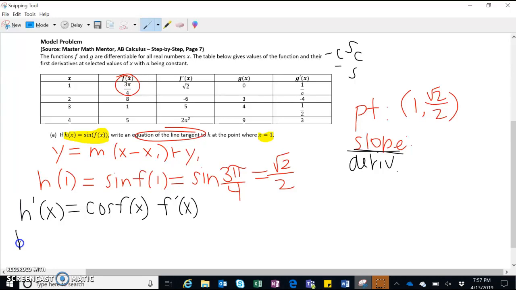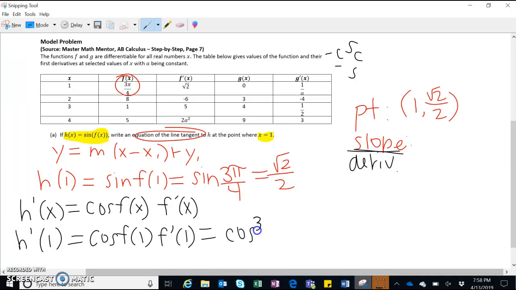Since I was able to do that, the slope is a numerical value at our point of tangency. So I'm able to just take this derivative that we found and plug a 1 in. Cosine of f of 1, well, I already circled that on the table. f of 1 we decided was 3 pi over 4, so that's going into the cosine graph. And then f prime of 1, when I look for that, I see it right next to there, is square root of 2.